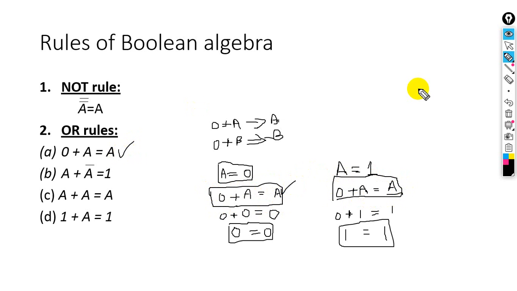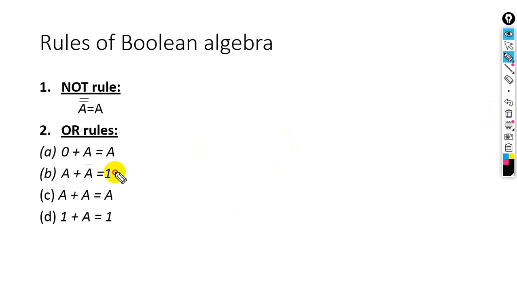Now the next rule tells us a OR a bar is equal to 1. Let me prove this for both values 0 and 1. If you see a OR a bar in an expression x, we directly write 1 instead. It means that if we have a and the inverse of a, it will be equal to 1.